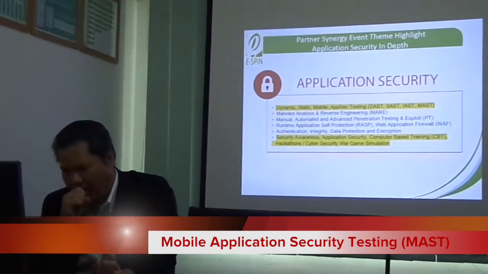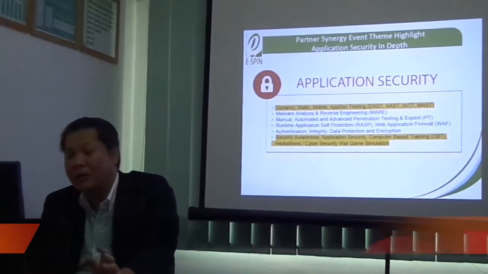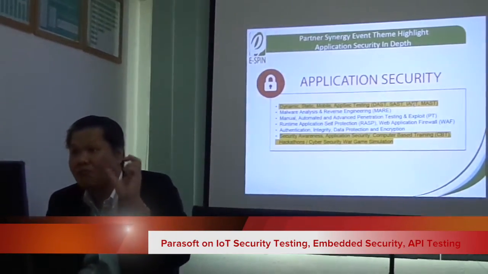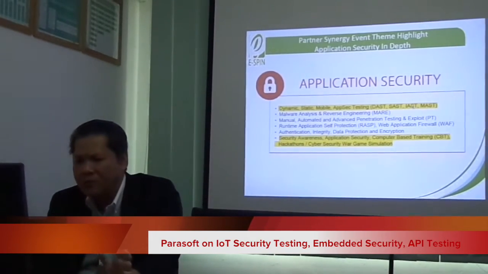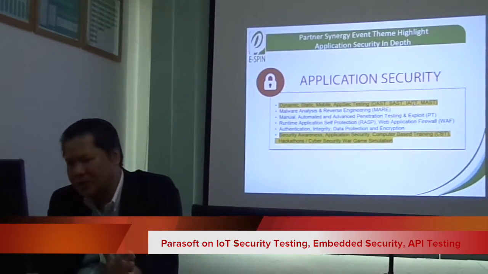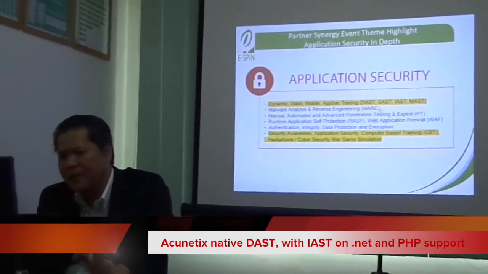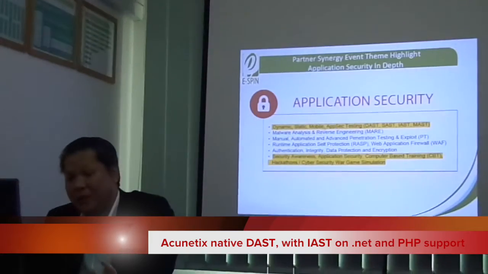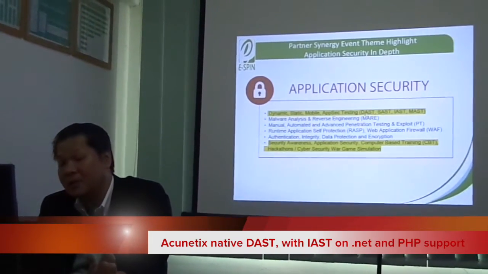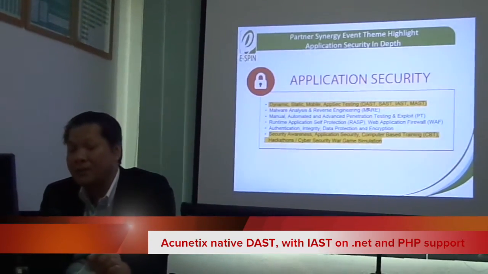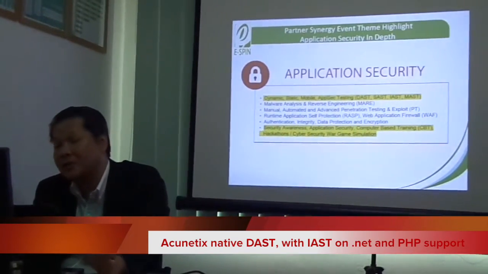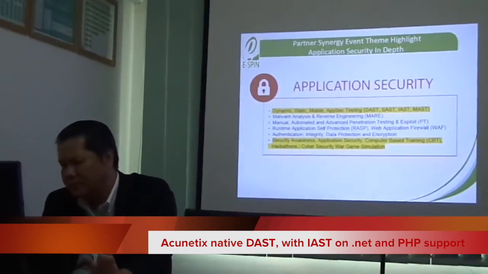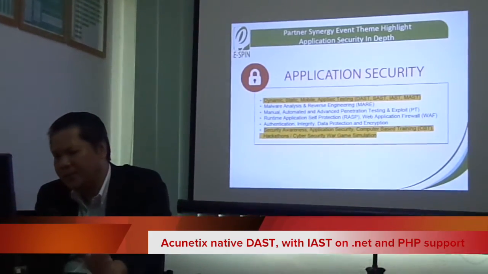Today two suppliers will talk about this. One is Parasoft. Parasoft talks more about IoT testing. This is the mega trend for sensors and IoT: end-to-end testing. Acunetix, in the last slot, has a native dynamic application security testing product, but it does come with a feature for doing IAST as well in .NET and PHP.